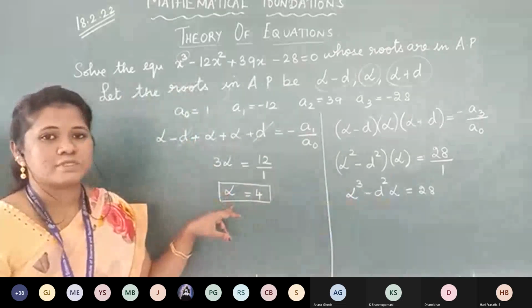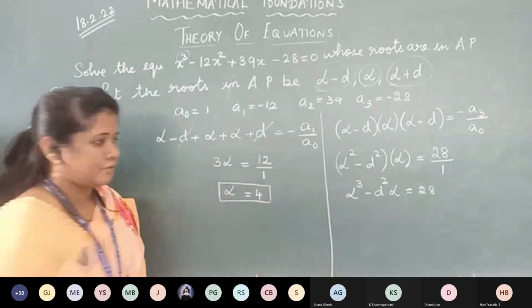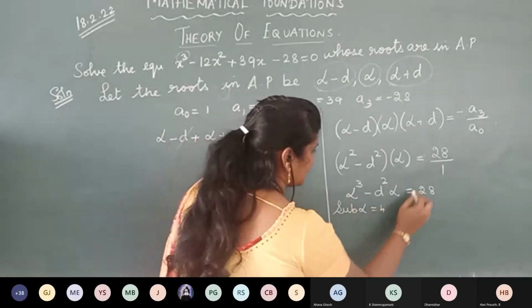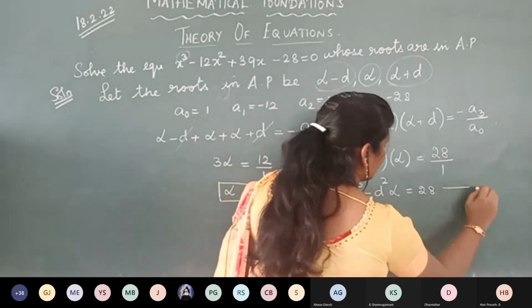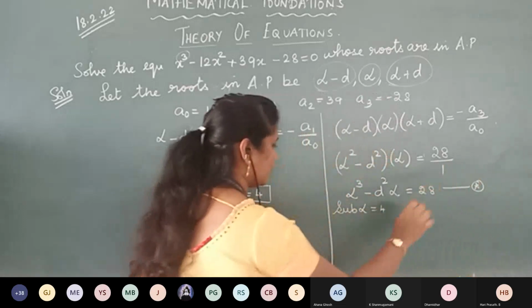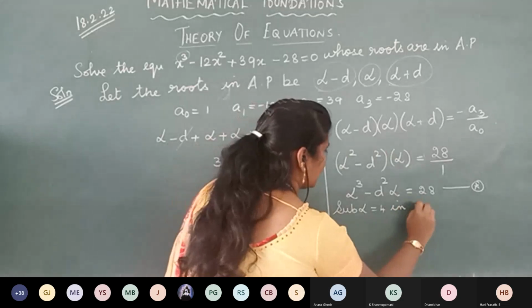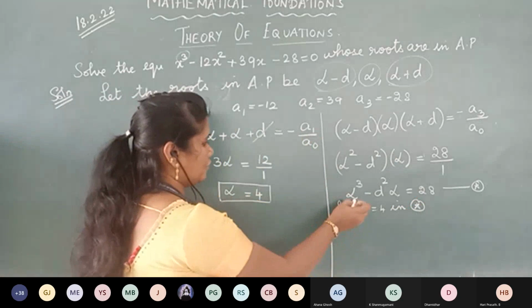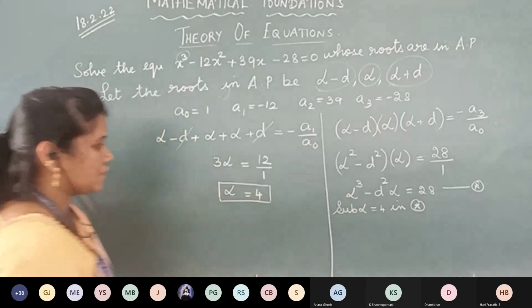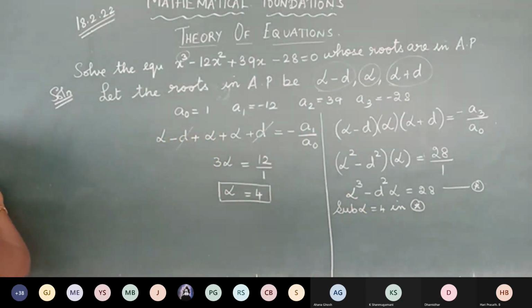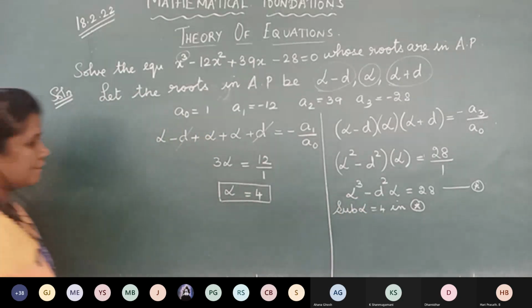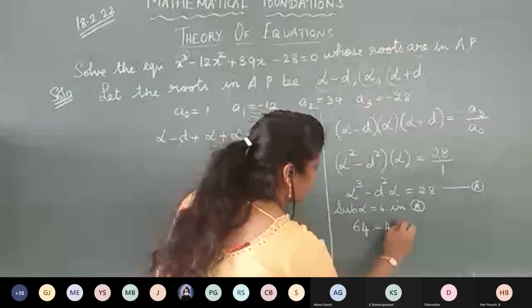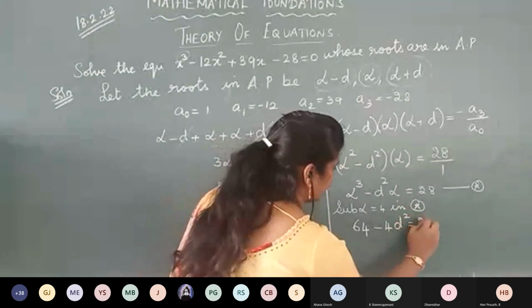We will take this equation as star. Substitute alpha equal to 4 in star: 4 cubed is 64. So it will be 64 minus 4d square equal to 28.